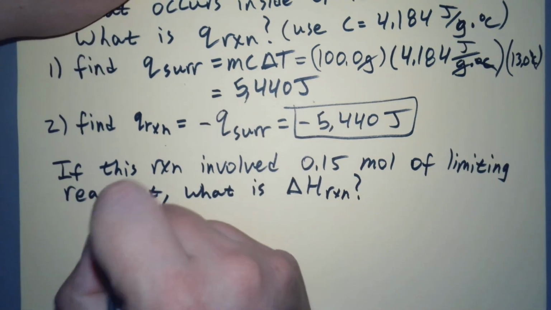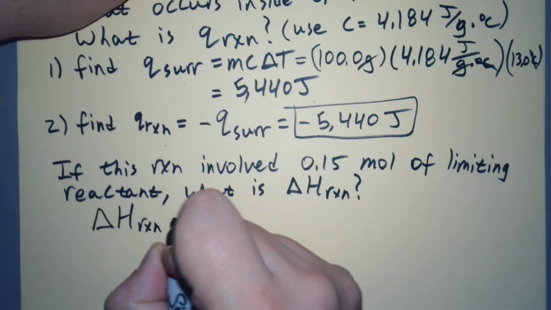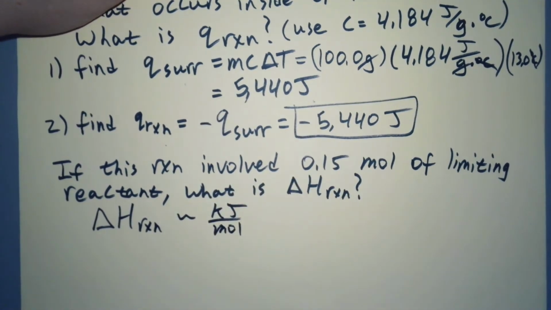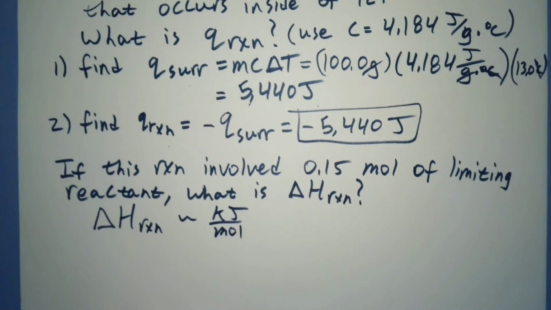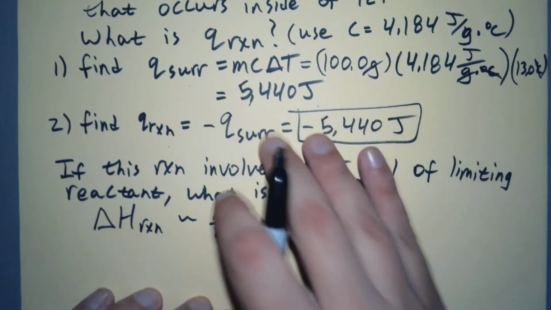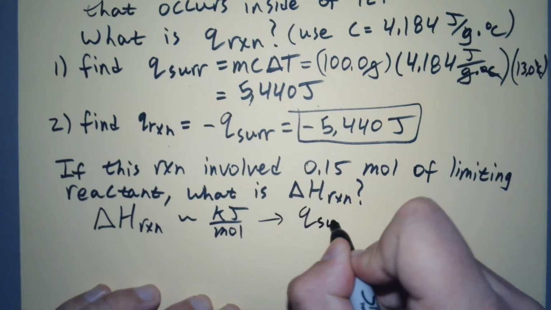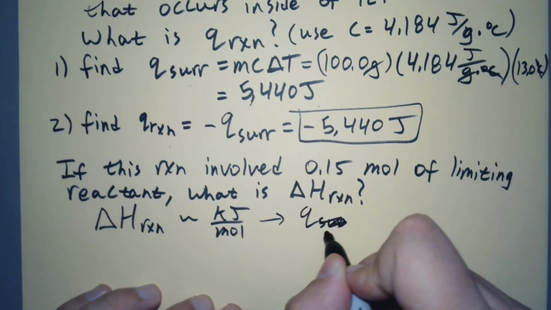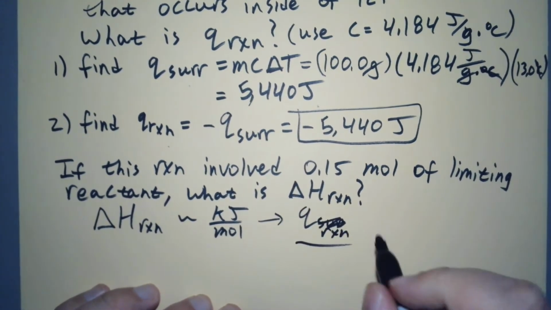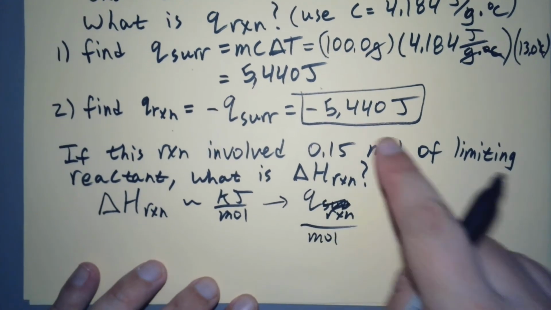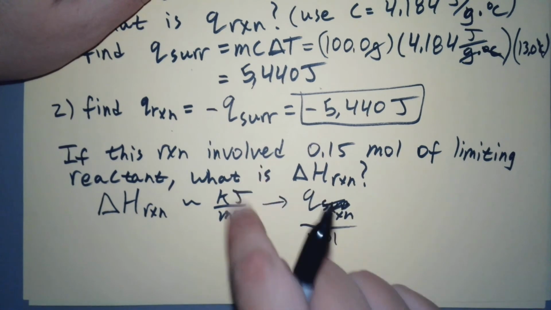So here's what you need to remember. Delta H reaction, well, it's going to be something along the lines of kilojoules per mole. I see moles, guess what I'm going to do? I'm going to divide. So it's Q reaction over moles, okay? And then I just got to make sure it's in kilojoules.